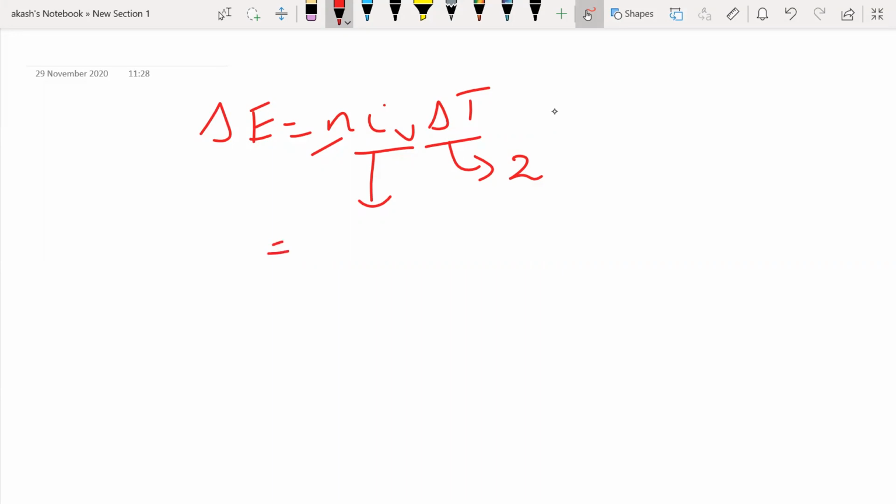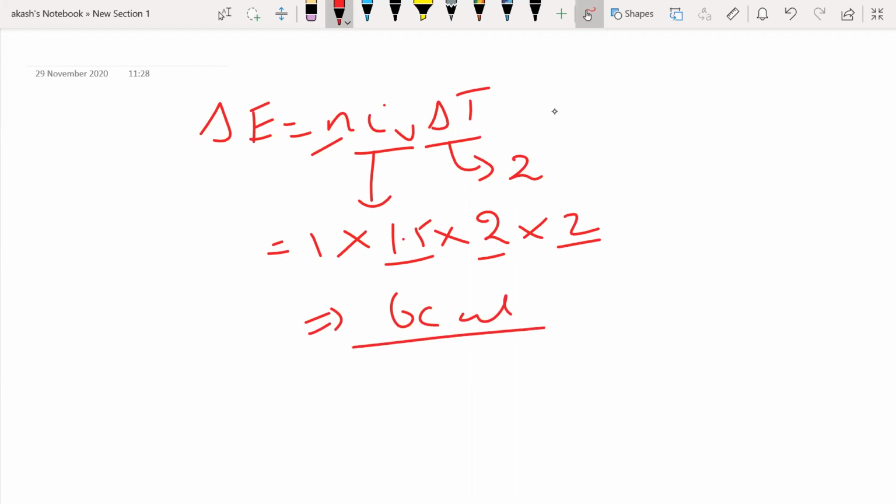So I can easily put the value here. 1 mole into CV, which is 1.5 R. Now I want the answer in terms of calories, so what should be the value of R here? 2. Into change in temperature, which is 2. So 1.5 into 2 will become 3, and 3 into 2 will become 6 calories is the answer.